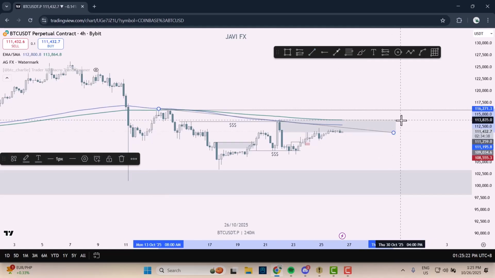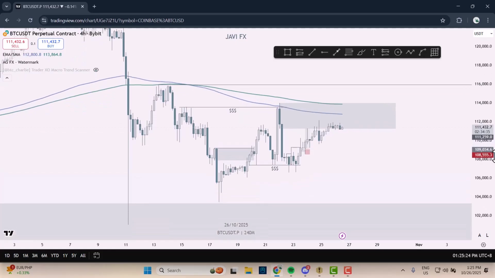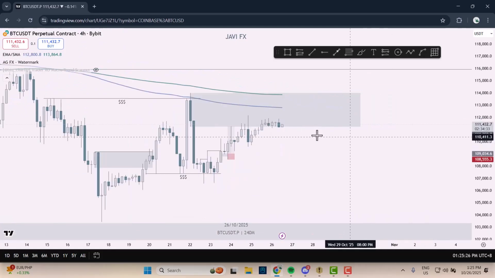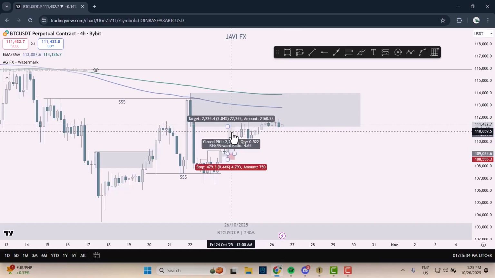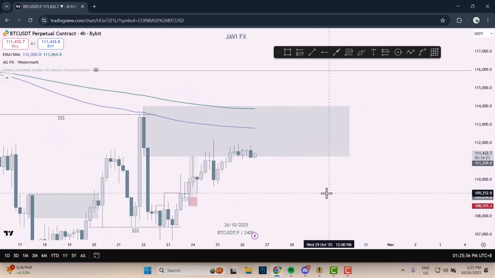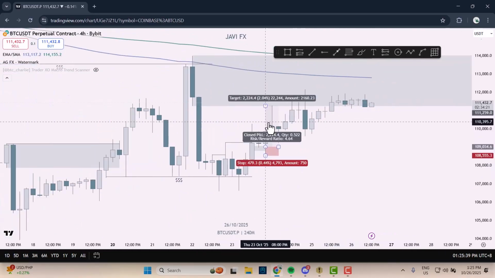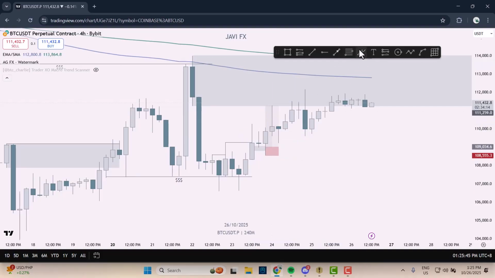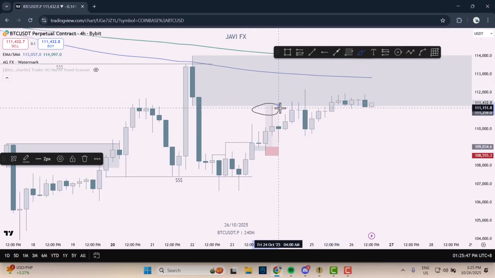So we have to be conservative with our targets. We play scalps or don't play at all. That's the name of the game. In and out or none at all, right? You have to be very trained. You have to be proficient to be able to make money out of this.